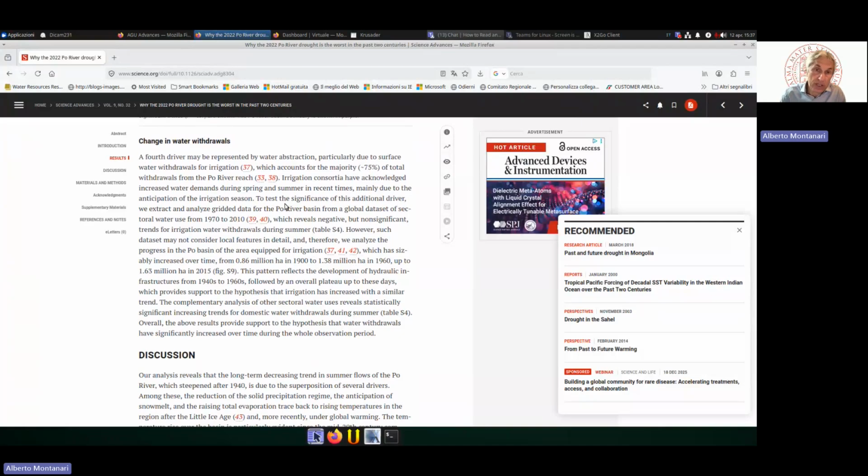And then we explain that here we make an analysis. It's not easy to estimate water withdrawals, but our analysis, which is in a way a bit qualitative, proves that the change in water withdrawals is not really so significant.